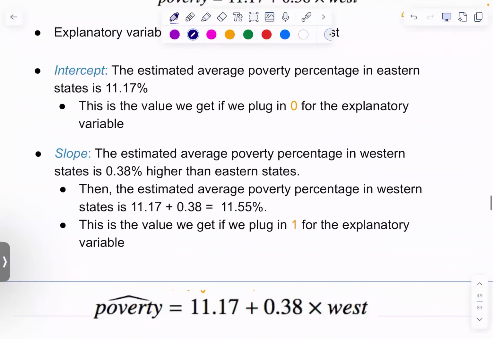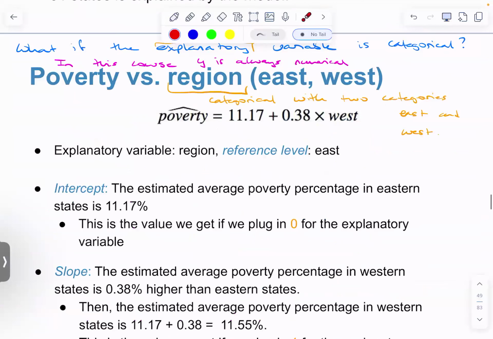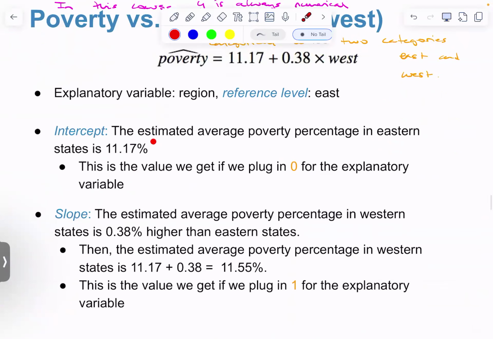So now we can talk about the reference level. The reference level is always going to be the category that's missing. That's your jumping off point, and the additional levels are relative to the reference level. Now the intercept is the estimated average poverty percentage in the eastern states, which is what we found, when West is 0.